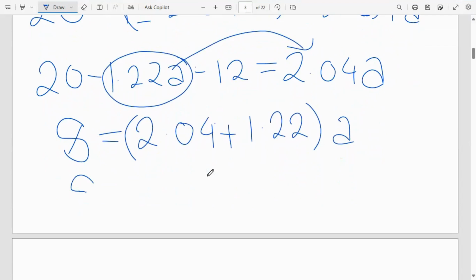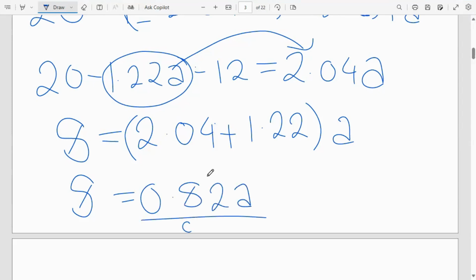So 8 will be equal to 2.04 minus 1.22, which gives me 0.82A. So divide both sides by 0.82.